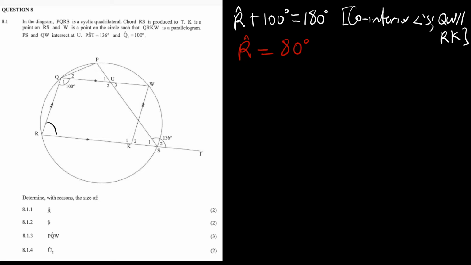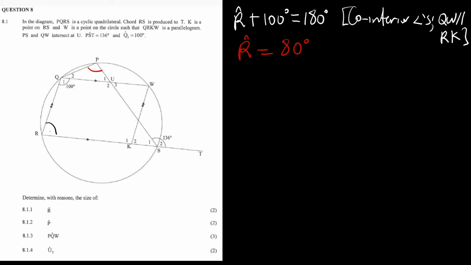Then the second question says find angle P. P is here, as you can see. So how are we going to get our angle P? PQRS is a cyclic quad, so angle P plus angle R is going to give us 180 degrees, because opposite angles of a cyclic quad are supplementary.